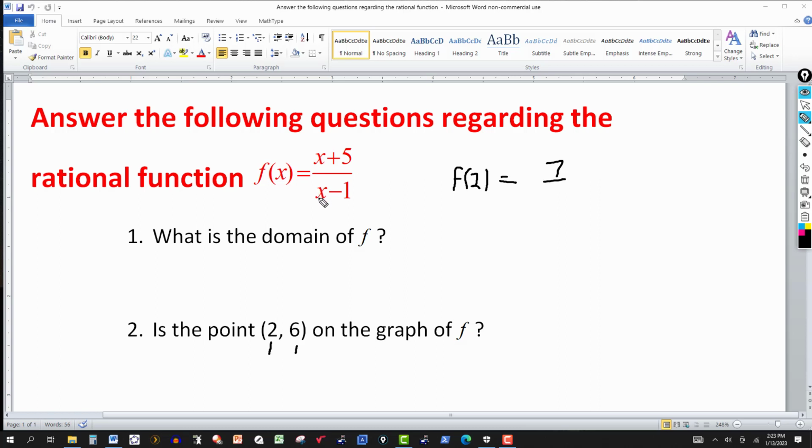In the denominator, 2 minus 1 is 1, so it gives me 7. So is the point (2, 6) on the graph? Here the answer is no, because it's just saying when x is 2, y is 6. It turns out actually that the point (2, 7) is on the graph, but (2, 6) is not.